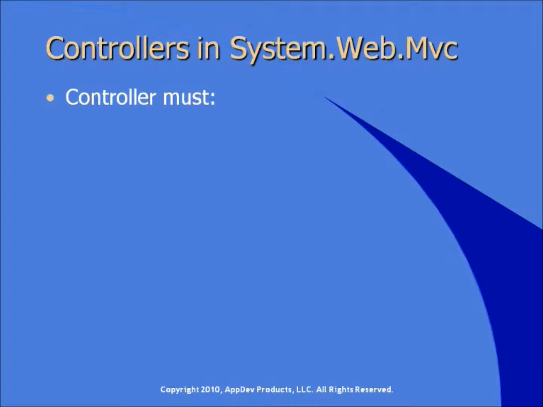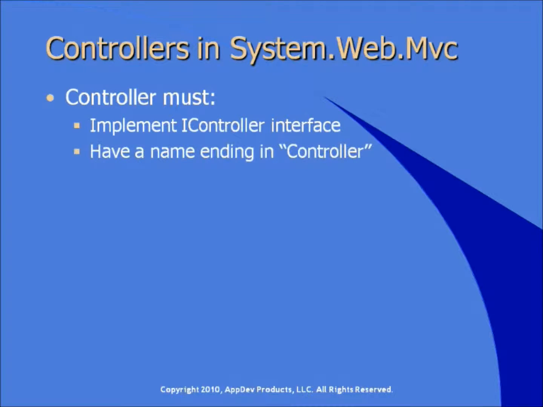It's important that you learn about and understand how the controller is implemented in the System.Web.Mvc namespace that is installed with ASP.NET MVC. Ultimately, a controller is a controller if it meets two simple requirements. First, that it implements the IController interface, and the name of the class ends with the string Controller.